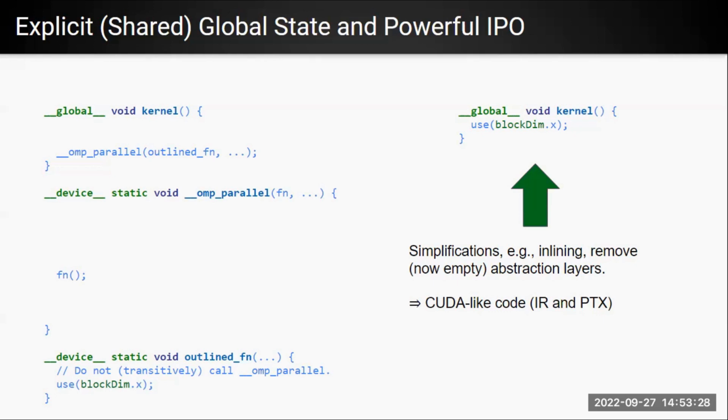And we designed the runtime such that we can analyze the code after the fact and determine in high level and in low level what we really need and get rid of all the abstractions that we don't, with the usual effect that we end up very close to what you would have written in CUDA.